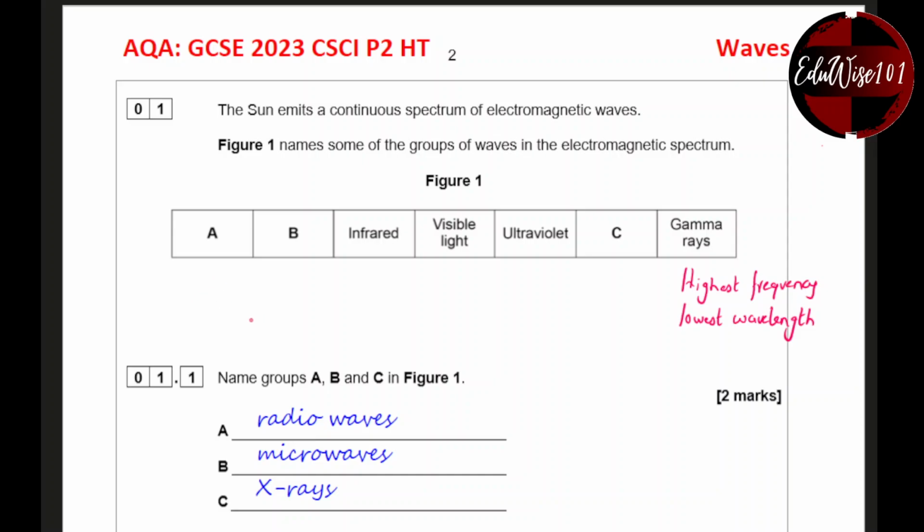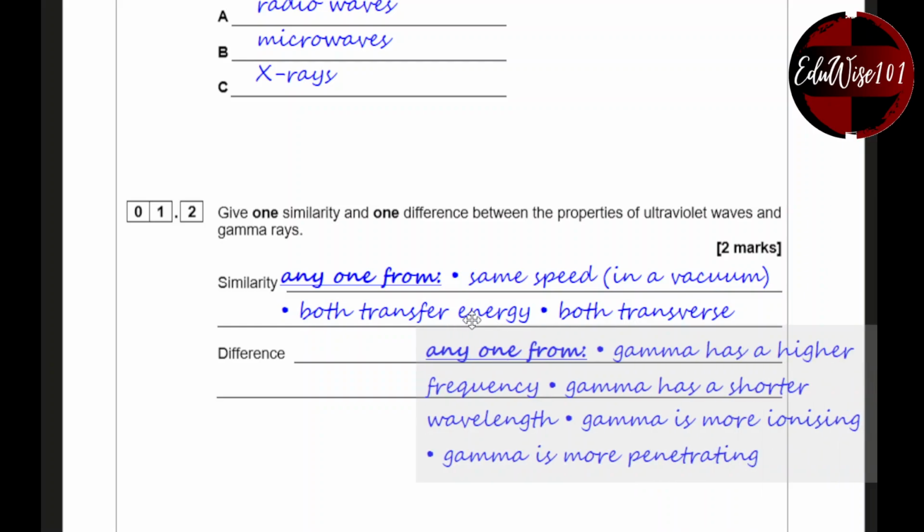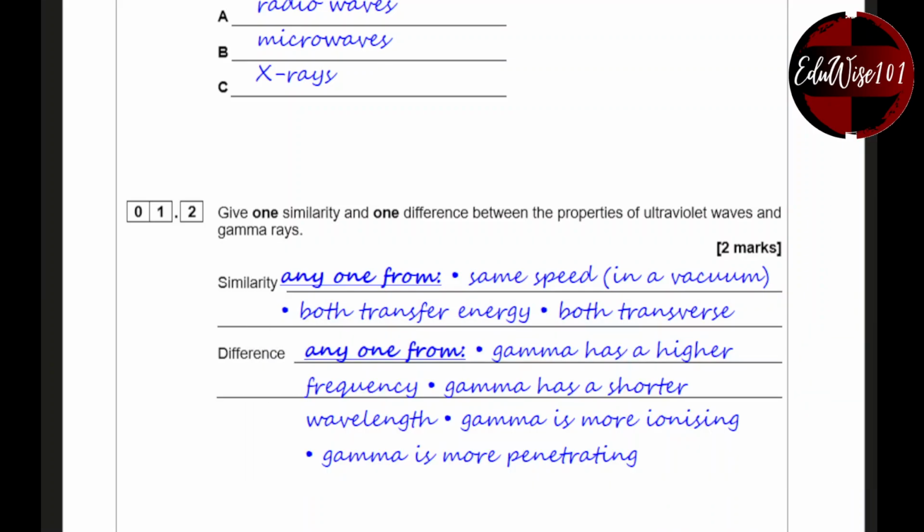Here it has the highest wavelength and lowest frequency. So as you go from radio waves to gamma, this direction, the frequency increases and the wavelength decreases. Let me get rid of that line. So the difference is gamma has a higher frequency and gamma has a shorter wavelength.